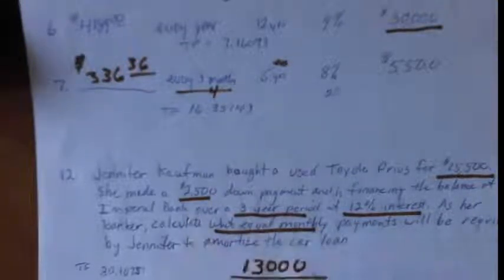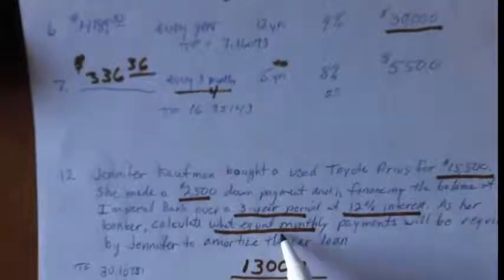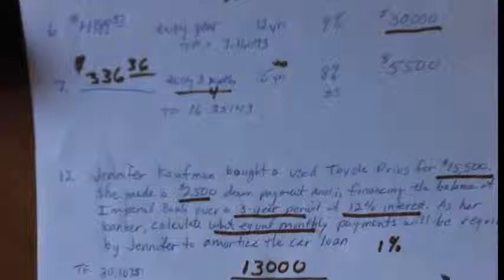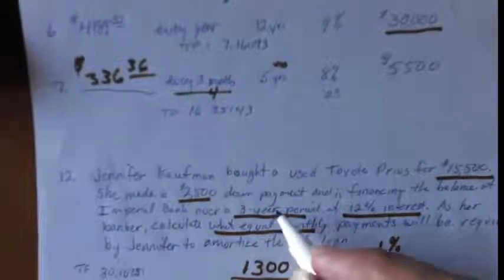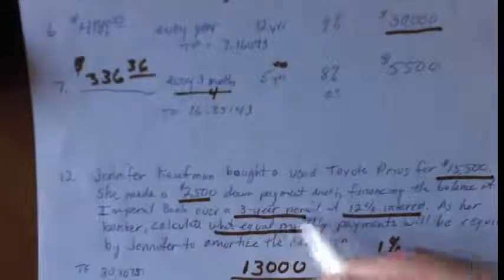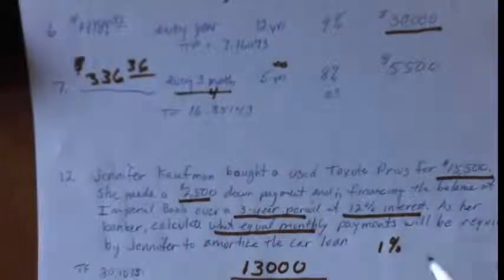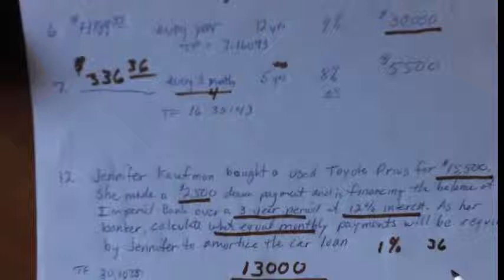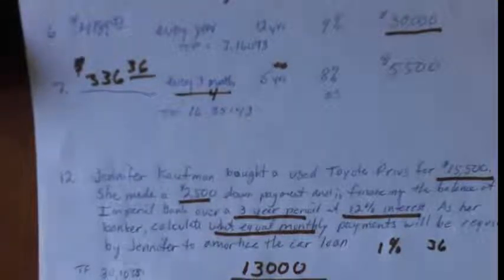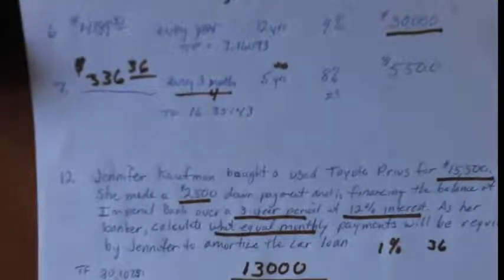Then our table factor: 12% monthly, so that's going to be 1%. And we're going to need 36 periods because it's a 3-year period with monthly payments, so 36 periods at 1%. So our table factor should be 30.10751.